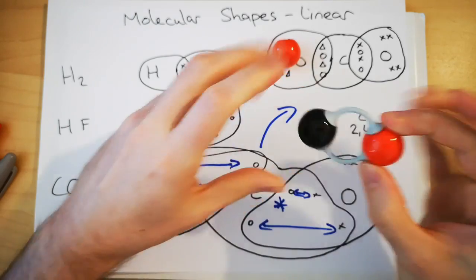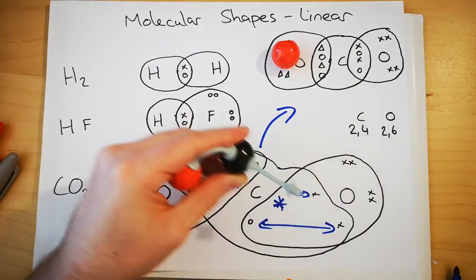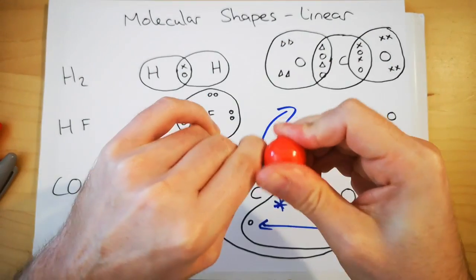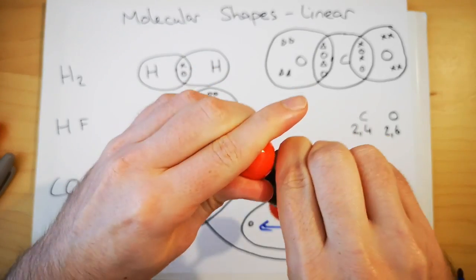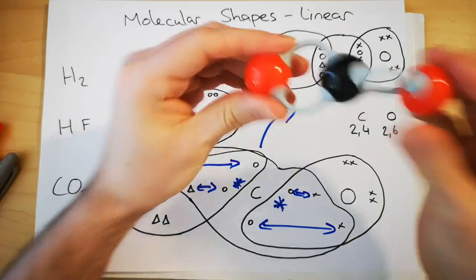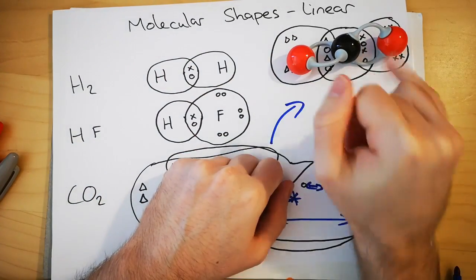So this is a double bond between the carbon and the oxygen, and what we're going to have is another double bond between the carbon and the oxygen. Like that. And that is our linear molecule, and that's what that looks like there. And that's that double bond.